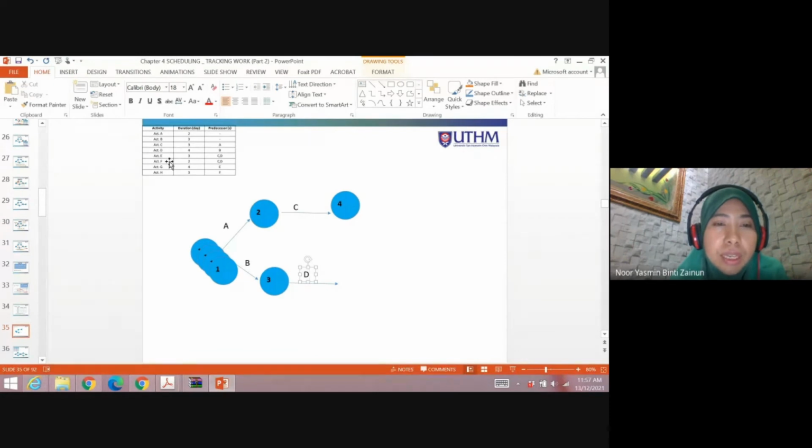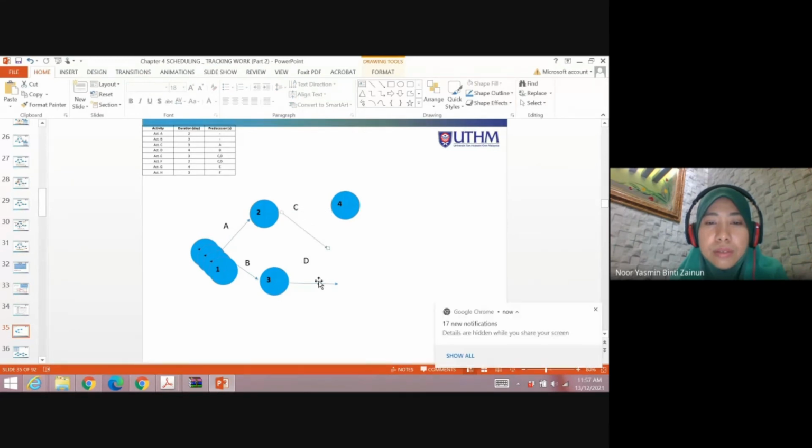After that E, the predecessor is C and D. Okay. Means that C and D are sharing the same node here. Sharing satu node. Okay.